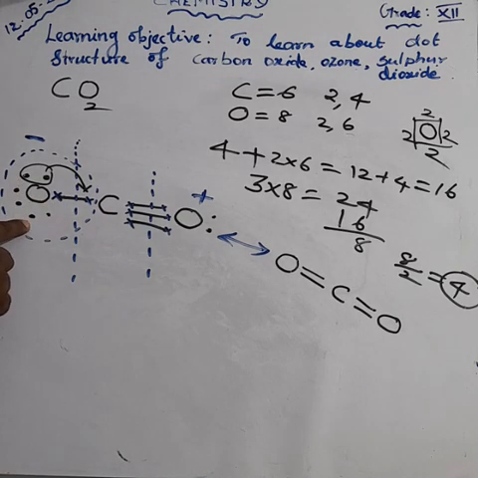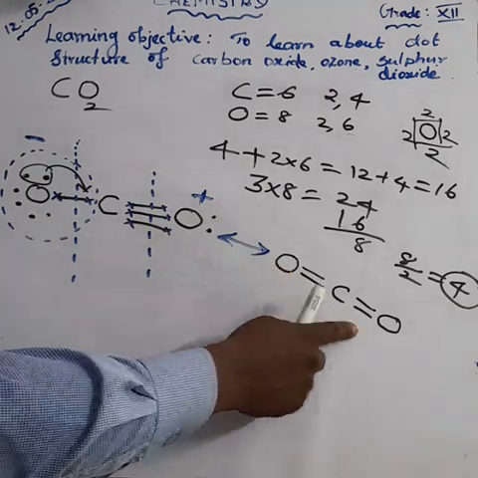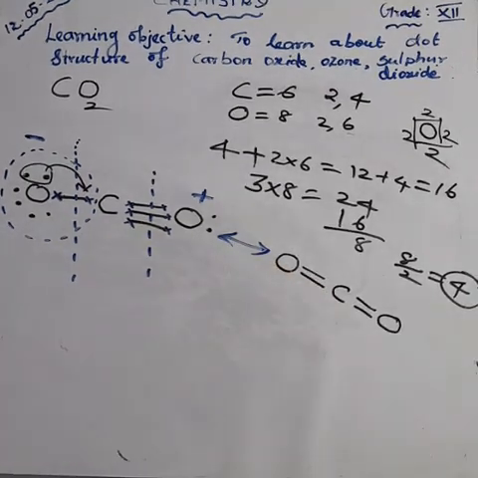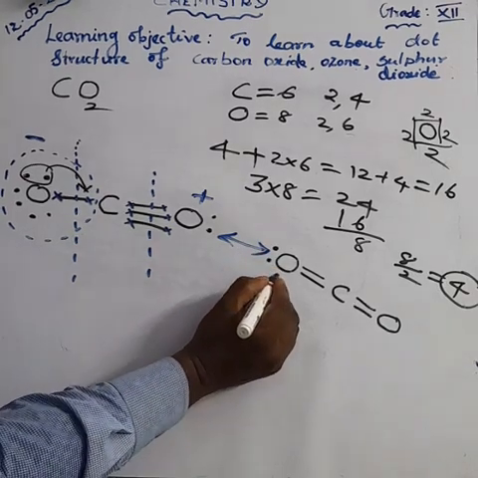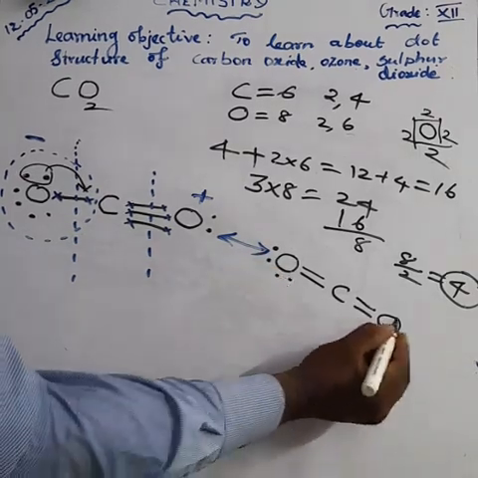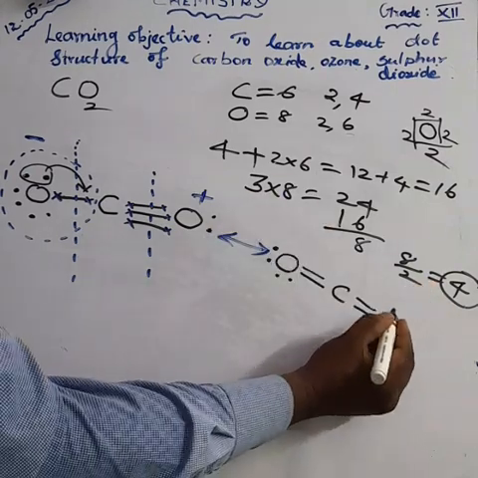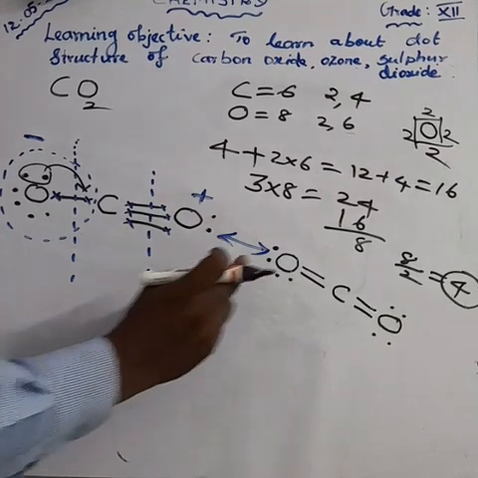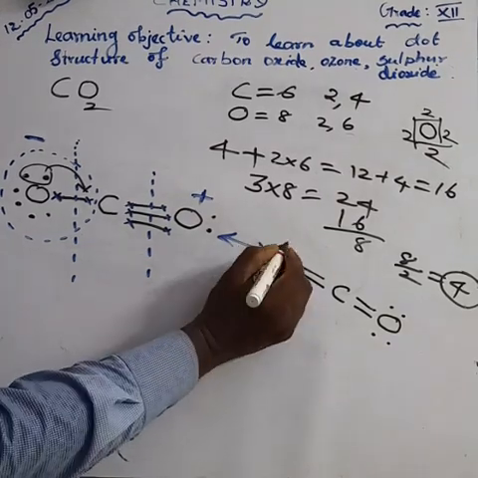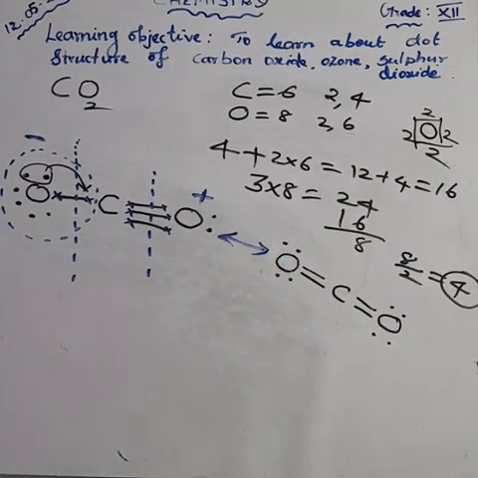A single bond means we are accommodating 6 electrons. A double bond means we can accommodate 4 electrons. Okay. 1, 2, 3, 4. Next, here oxygen, 1, 2, 3, 4. So this can be here, can be here. Okay. So 8 plus 8, 16.